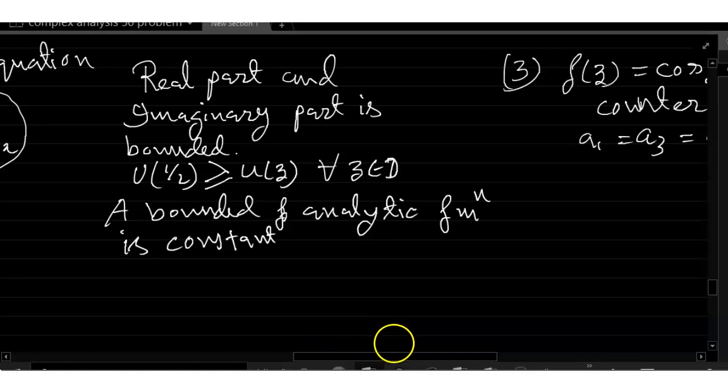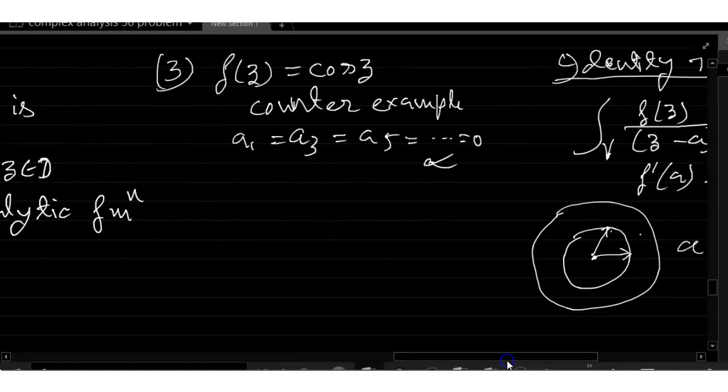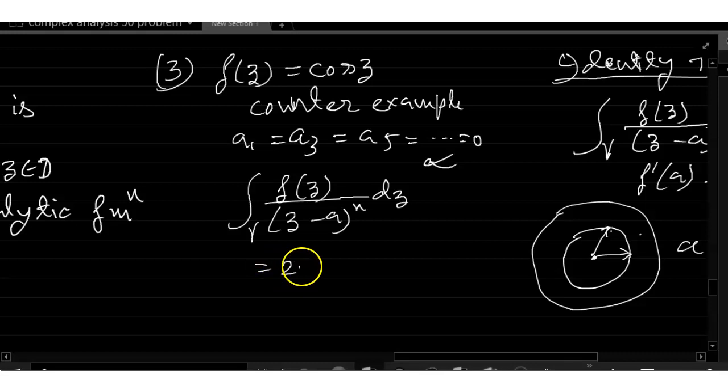What is the identity theorem? The formula is that the integral over gamma of f(z) divided by (z minus a) to the power n dz equals 2 pi i f^(n-1)(a) divided by (n minus 1) factorial.